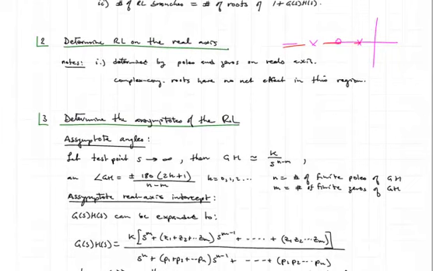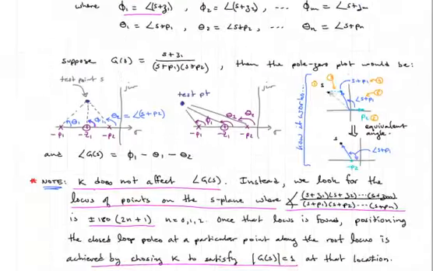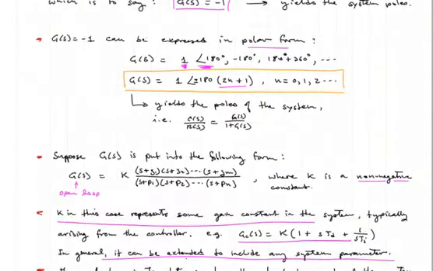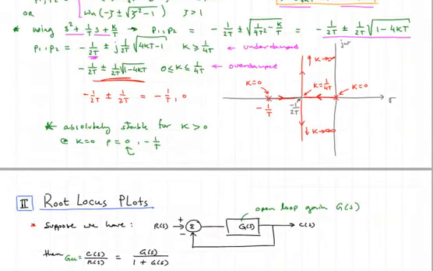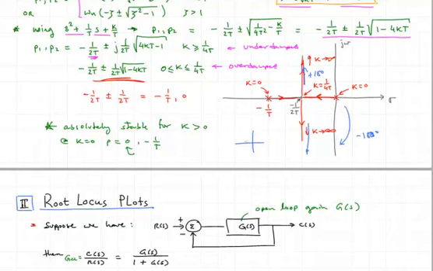After that, you will determine the asymptotes of the root locus. So we saw that in our second example here, the asymptotes were actually going at plus 180 degree angle and down at minus 180 degree angle. Those were the two asymptotes. If you zoom way out, you'll eventually see that basically your root locus plot is just going north and going south.